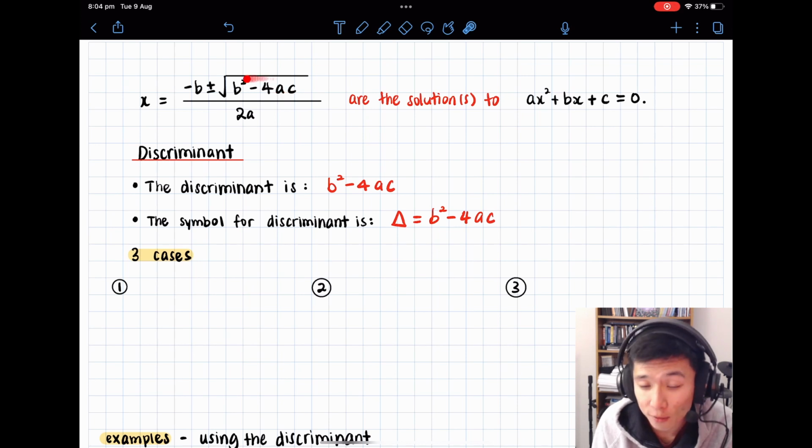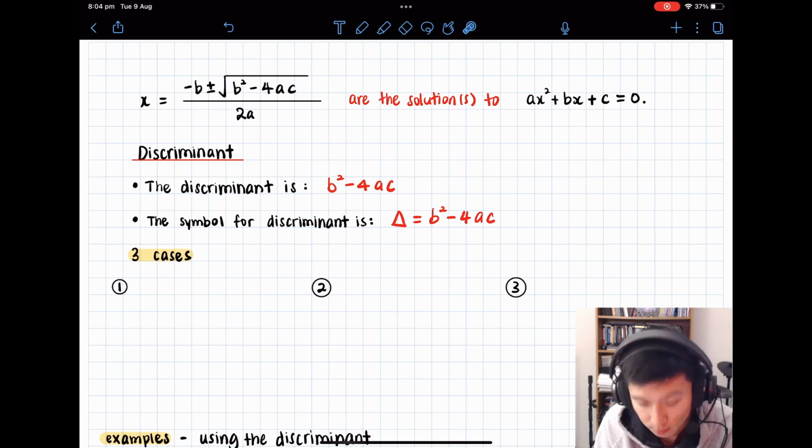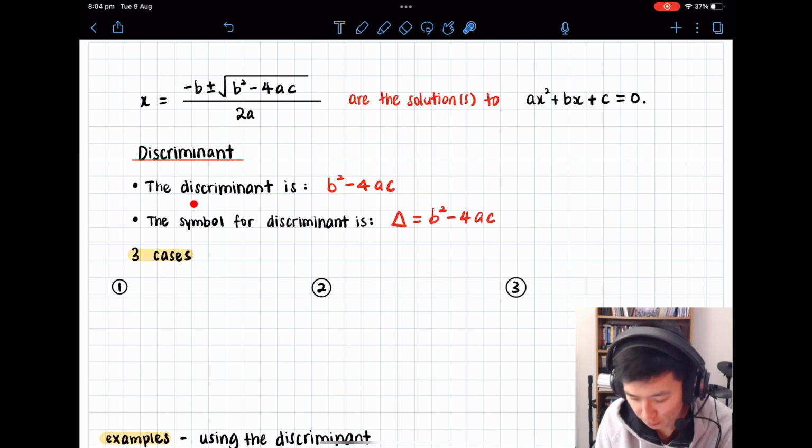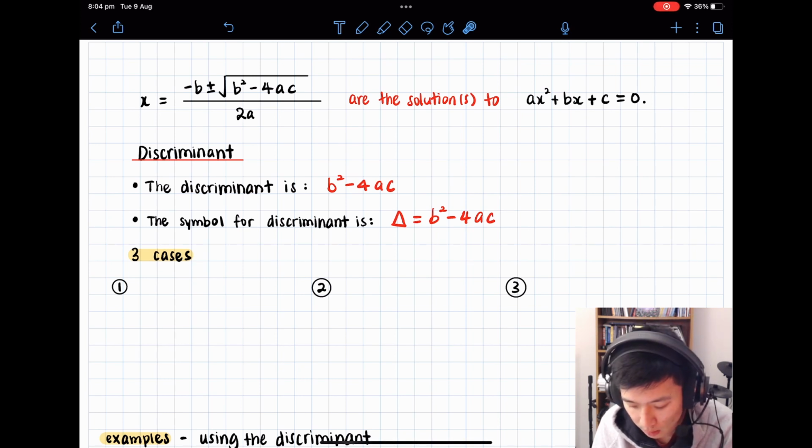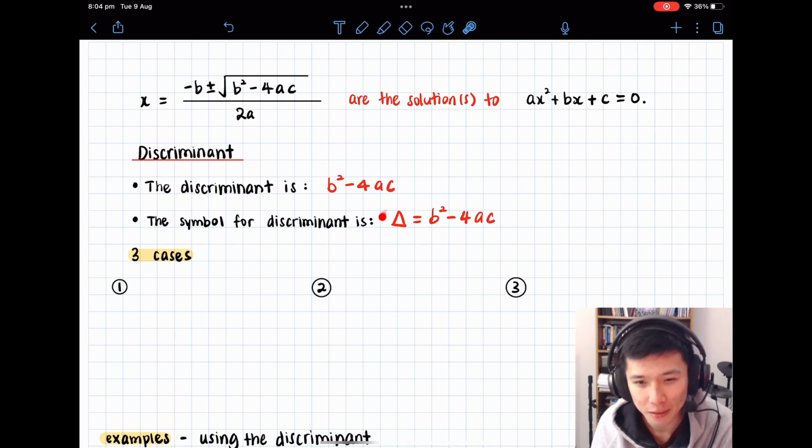That stuff underneath the square root is what we call the discriminant. Yes, it has a special name. The symbol that we use for the discriminant is delta, which is a triangle, essentially. But we call it delta.